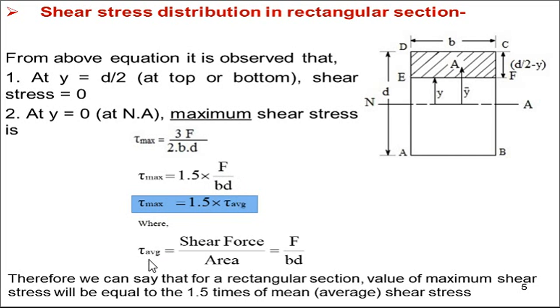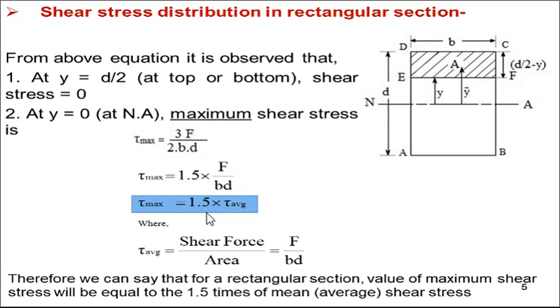F is the shear force, and bd is the area of the rectangular section, b into d. Shear force divided by area means F upon bd. So if you put tau average for F upon bd, we get the relation tau max is equal to 1.5 times tau average.